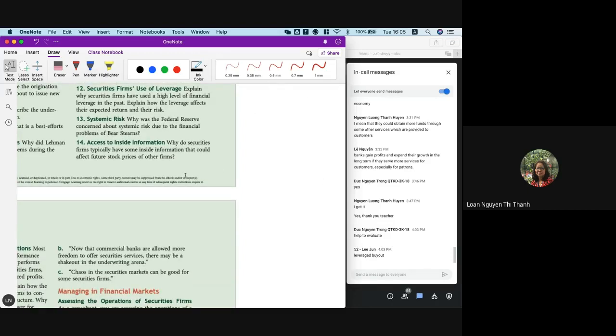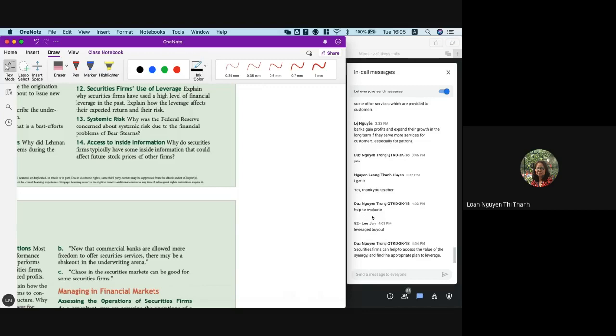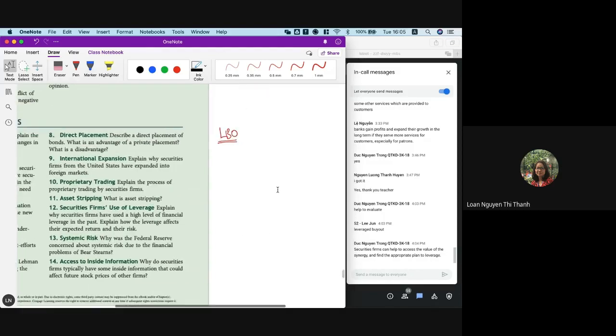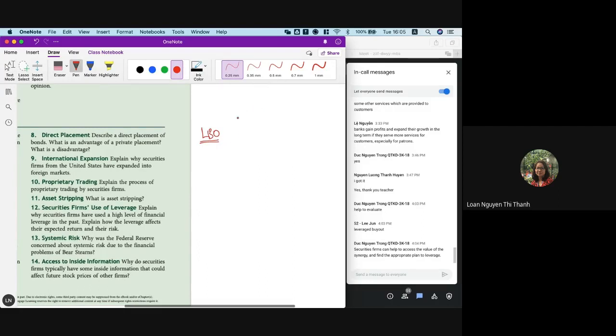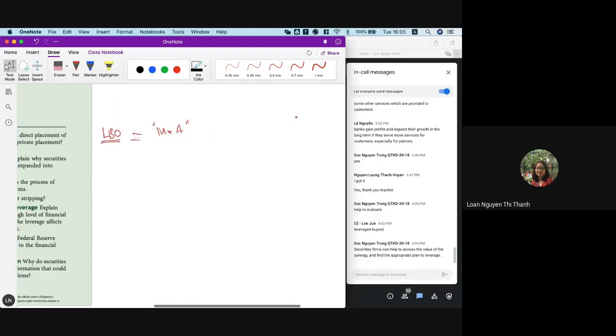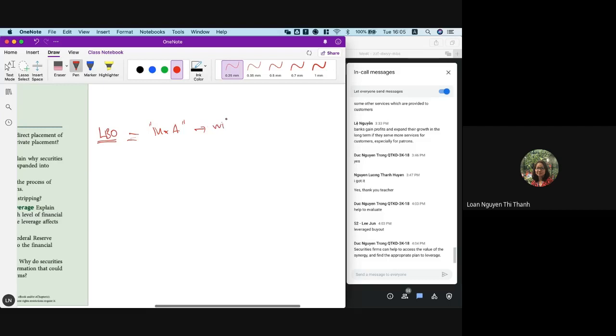So more details. Have to evaluate leveraged buyout. The security firm has to assess the value of synergy and find an appropriate plan to leverage. So leveraged buyout is equivalent to the merger acquisition, settled with financial leverage, and financial leverage in terms of, let's say, the bonds.